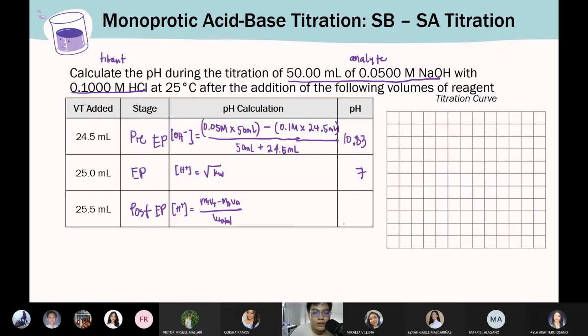How about the post-equivalence? I won't put what to plug in anymore, so just give me the pH. Look at what to plug in and then give me the pH. What is the pH of the solution? The given: molarity of the titrant, 0.1. Volume of the titrant, 25.5. Then the MAVA is the same as before. It's just repeated. Okay?